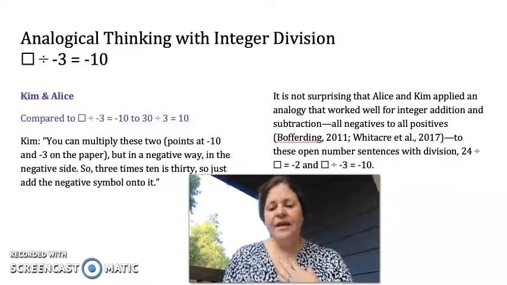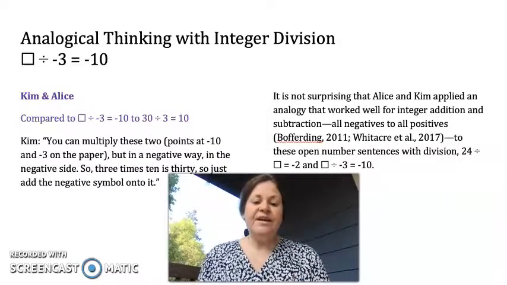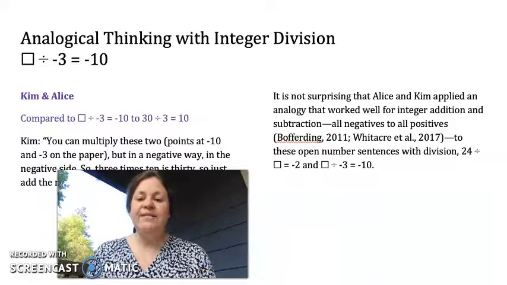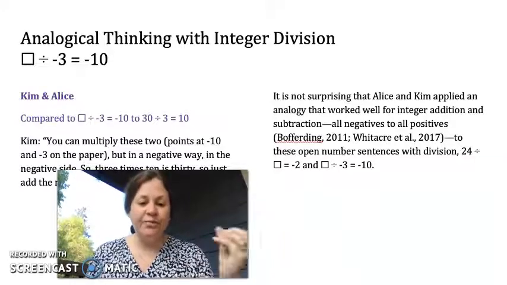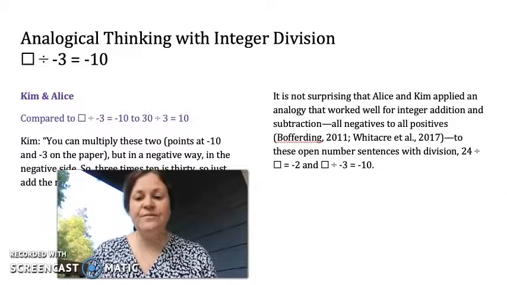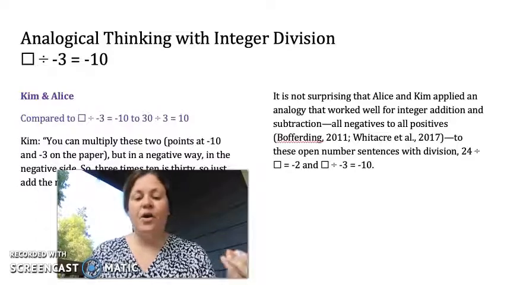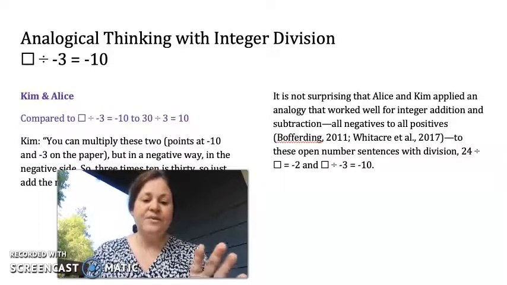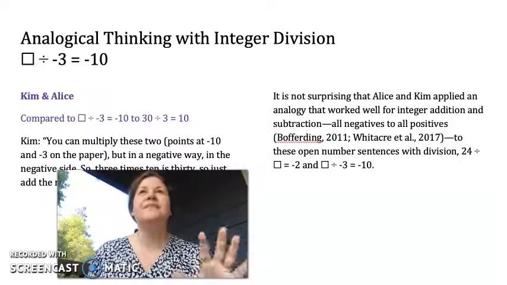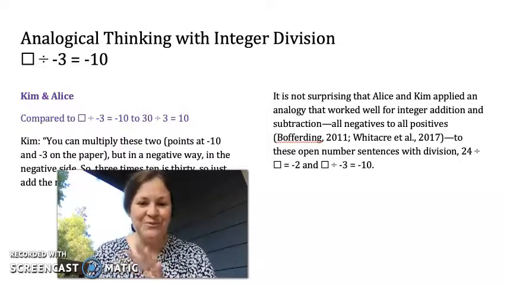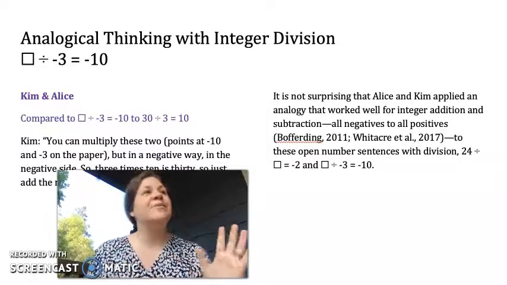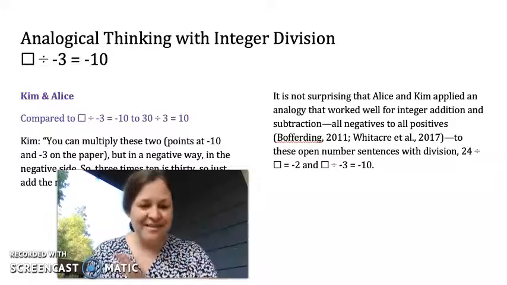And I guess one of my takeaways from this is that it's not surprising that Kim and Alice applied whole number analogies to this situation, because whole number analogies often work well for addition and subtraction in certain situations, like all negatives to all positives. And it also depends on the magnitude. So for instance, negative 5 minus negative 2 compares well to 5 minus 2, but negative 2 minus negative 5 doesn't necessarily.